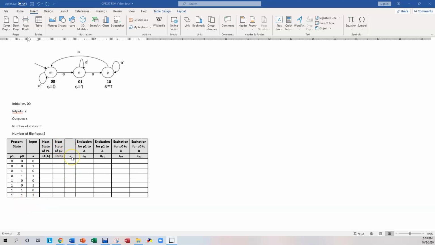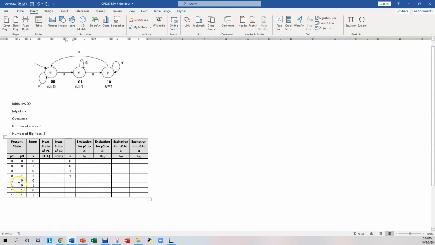Next, go to your output. Remember that output is based on your present state. Remember, present state is what's in memory, so it's going to tell us what our output is. So at 0 0, S's value is 0. So here's my 0 0, these 2 rows. So this is also going to be a 0. At 0 1, S's value is a 1.